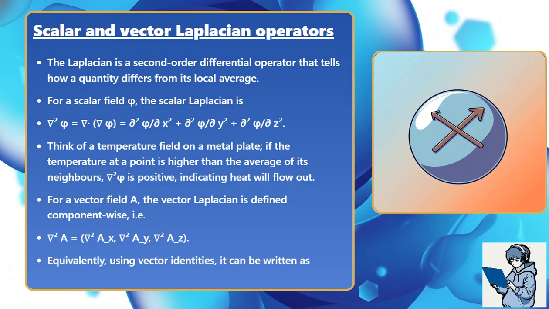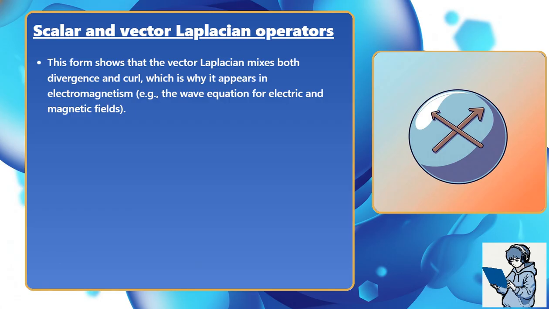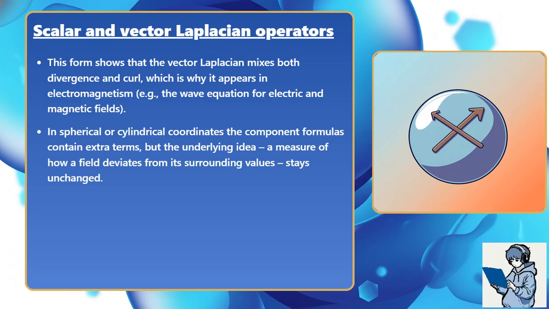Equivalently, using vector identities, it can be written as nabla squared A equals del of del dot A minus del cross del cross A. This form shows that the vector Laplacian mixes both divergence and curl, which is why it appears in electromagnetism, for example the wave equation for electric and magnetic fields. In spherical or cylindrical coordinates, the component formulas contain extra terms, but the underlying idea, a measure of how a field deviates from its surrounding values, stays unchanged.